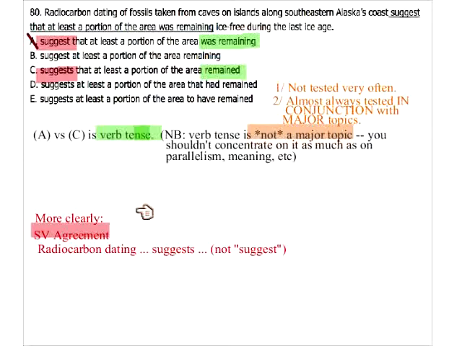Okay, still a little confused about the idea versus noun. When you first read the sentence, the meaning that the sentence suggests to you should be that when they looked at these fossils, they figured out that parts of the coast didn't have ice. Because it's the radiocarbon dating that suggests that.